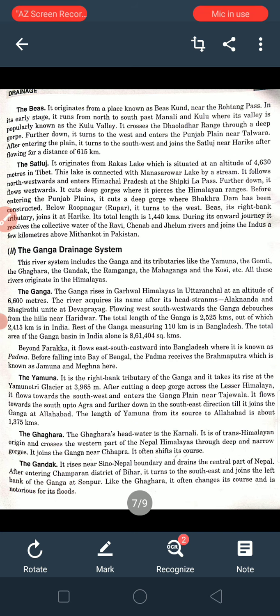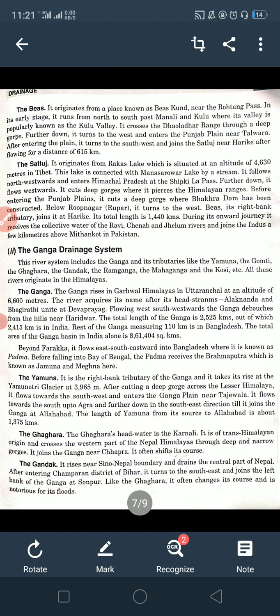It flows towards the south up to Agra and further down in the southeast direction till it joins the Ganga at Allahabad. As we know, that is the Sangam, the meeting point of the Ganga and Yamuna. The length of Yamuna from its source to Allahabad is about 1,375 kilometers.